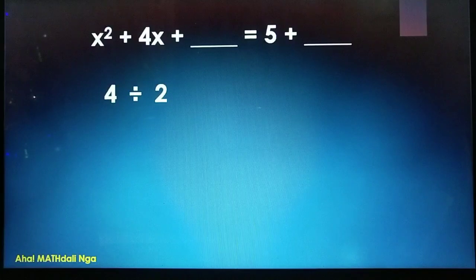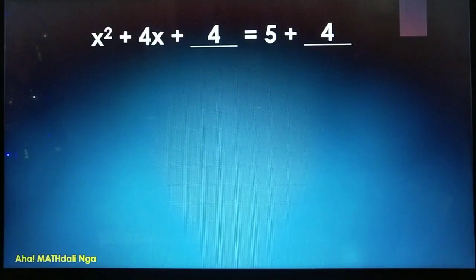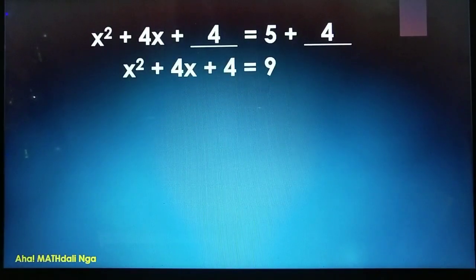So 4 divided by 2 equals positive 2. Then we will take the square of positive 2. So we have 2 times 2 equals 4. So that will be the missing term in our equation. So let's simplify. We have x squared plus 4x plus 4 equals 9.